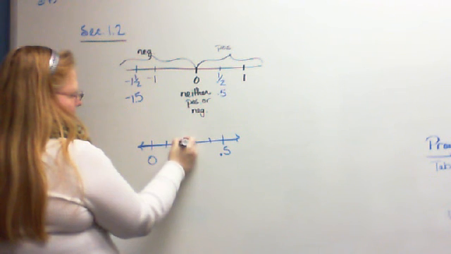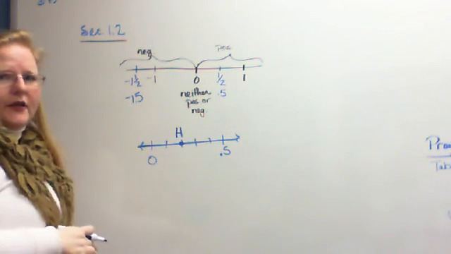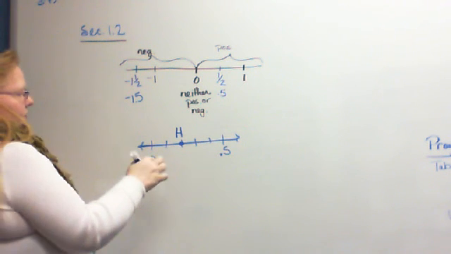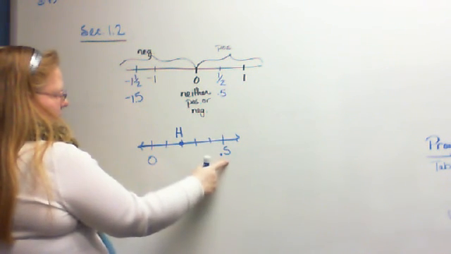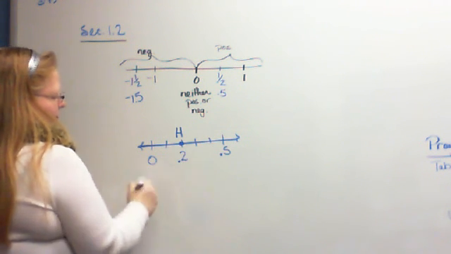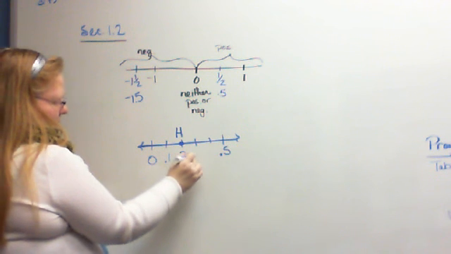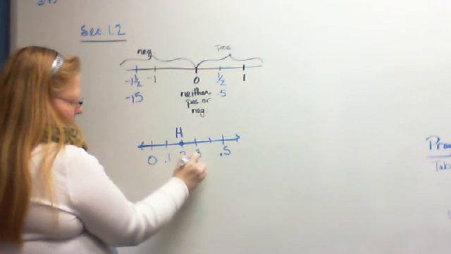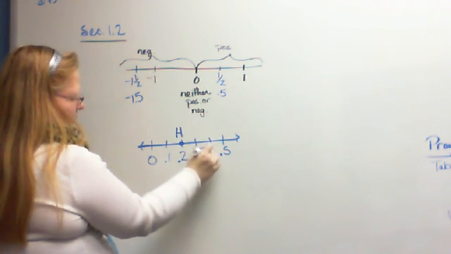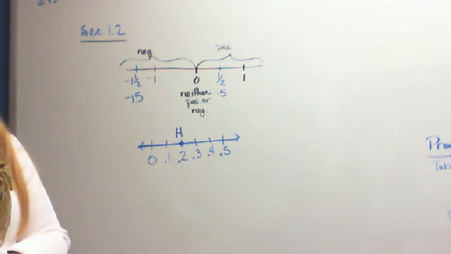And my second mark is where our H is that we need to find out. So if it takes 5 little marks to get to here, this mark must be at 0.2. Because this little mark is going to end up being 0.1, and this little mark is going to end up being 0.3, and this little mark is going to end up being 0.4. Because they're equal distances in between them.